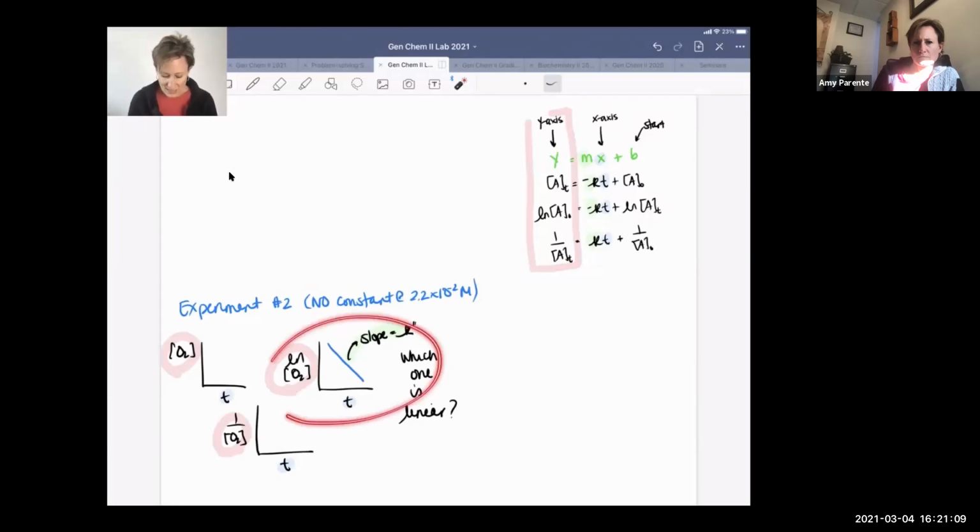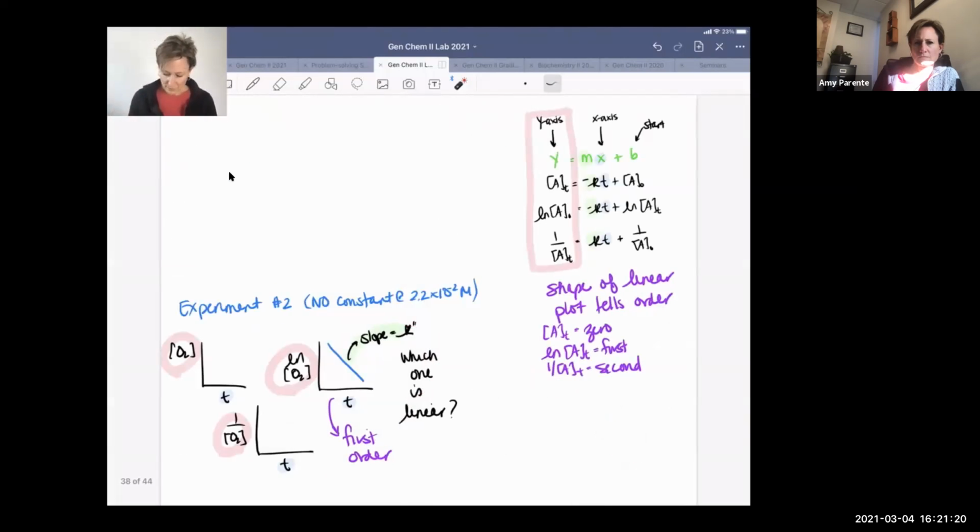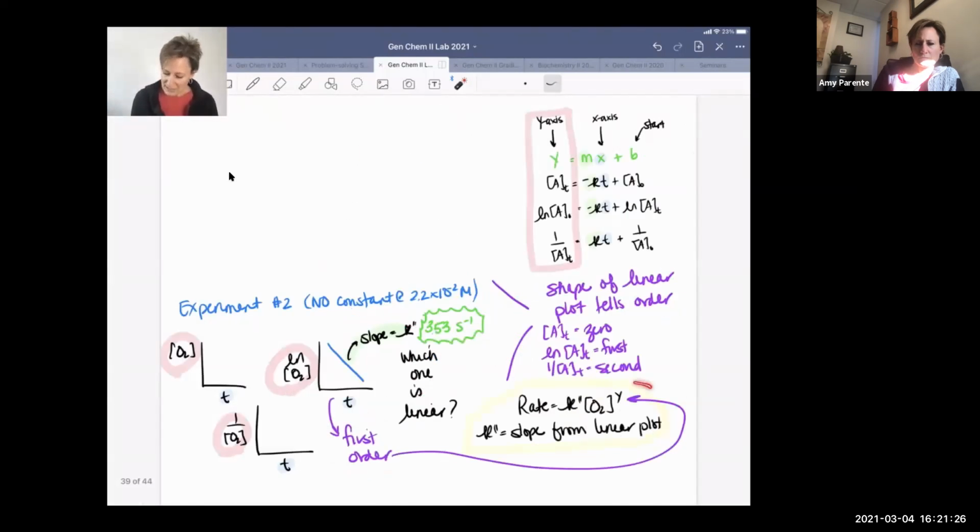When we plot the natural log of the oxygen concentration as a function of time, that's what gives a straight line, that tells us that this reaction is first order, right? So first order with respect to O2. So again, we can put this in, and now we know that y is going to be equal to 1 because it is first order.